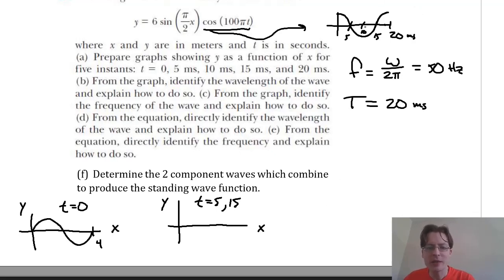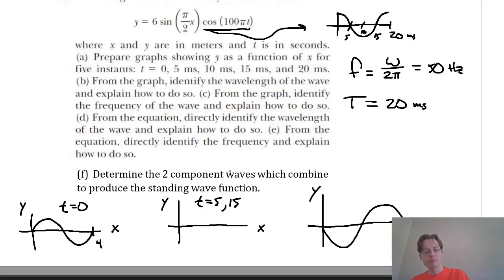At 10 milliseconds, the cosine's equal to -1. So y of x at 10 milliseconds gives you a minus sign from the cosine. So I have a graph of -6 sine of pi over 2x. Just a minus sign graph, like so. Okay, that's what it looks like at t equals 10.